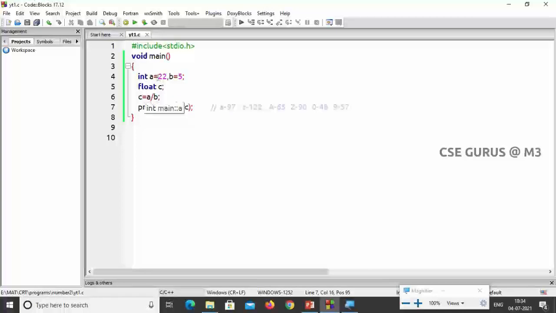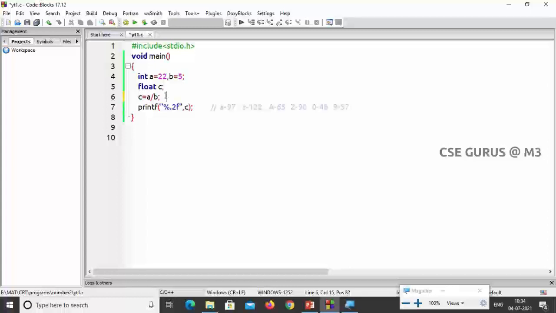You can observe here, A is integer, B is integer. Integer by integer, the result is always also integer. That means 22 by 5 first gives the answer as 4 only, not 4.4, then it is stored as float, that's why the remaining floating digits are zeros, right? So that is what happens.